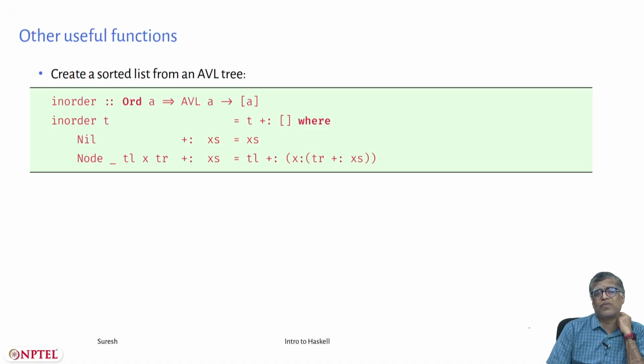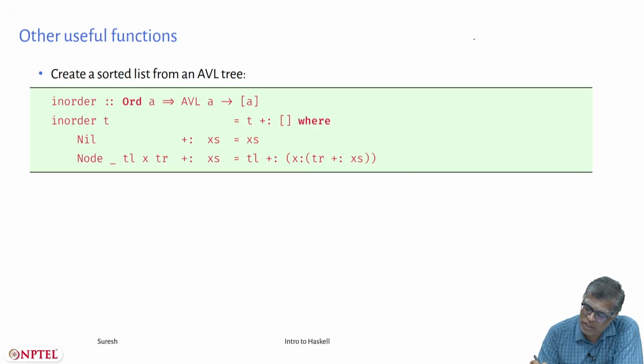And you have this in-order, which you recall is this thing. I have written it in a different notation. In-order of t is in-order t plus colon empty list, where nil plus colon xs is xs, and node whatever tl x tr plus colon xs is tl plus colon x followed by tr plus colon xs.